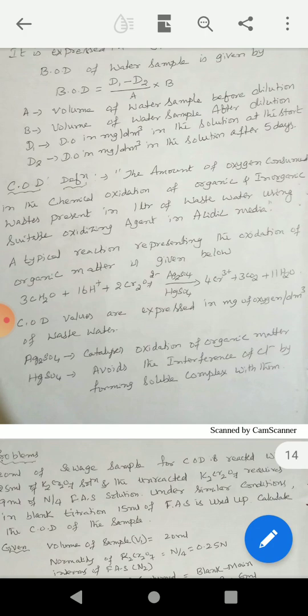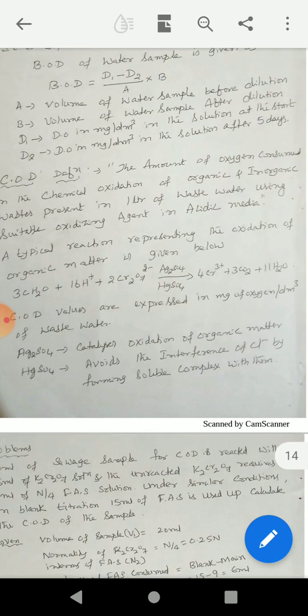A typical chemical reaction is represented by CH2O, which represents organic matter, H plus represents the acidic media, and Cr2O7 represents the oxidizing agent. Silver sulfate acts as a catalyst, catalyzing the oxidation of the organic and inorganic matters, whereas mercuric sulfate removes the interference of halides.